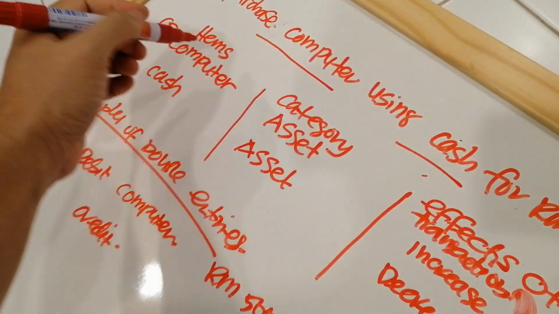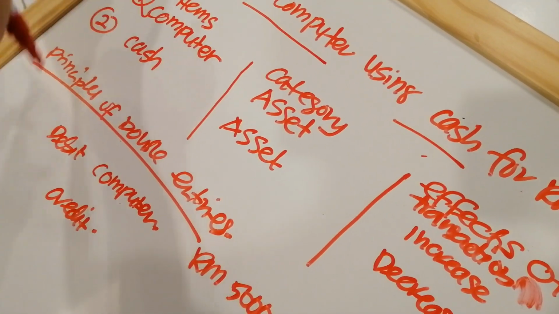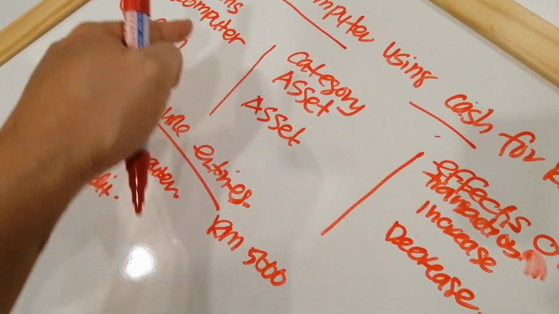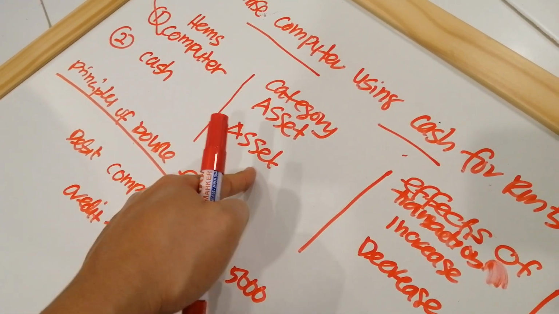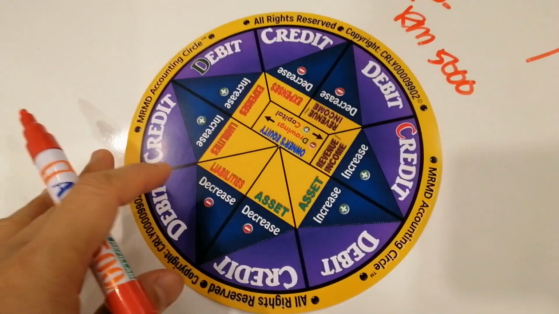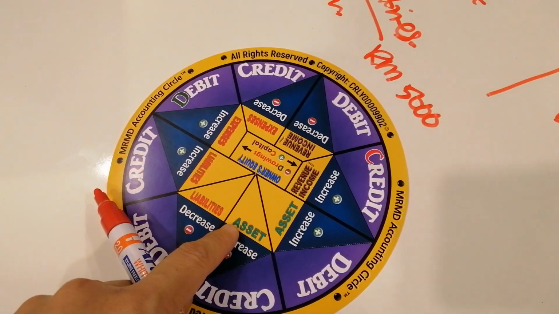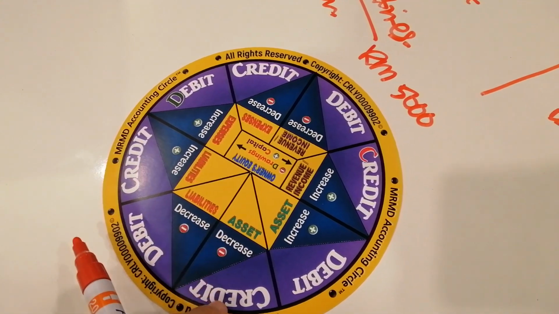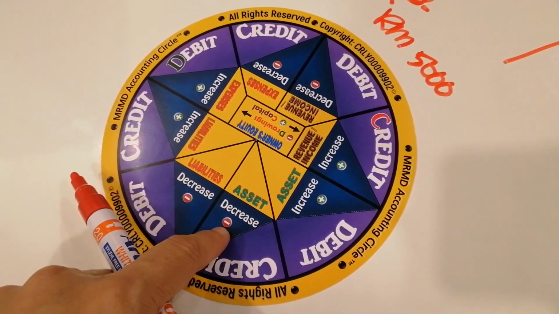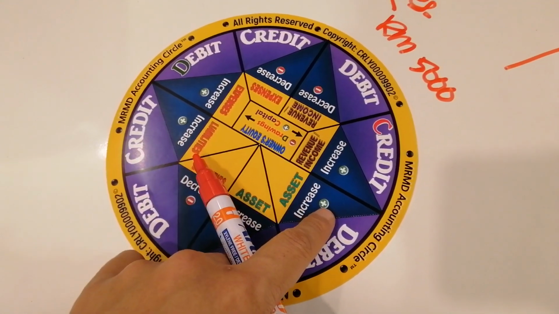Dah solve number 1. You go to number 2. Number 2 is cash. Cash also under asset, but this asset decrease. So you go back to your circle. Asset decrease, we record under credit. So you can see decrease symbol here is this one. Increase symbol is this one.